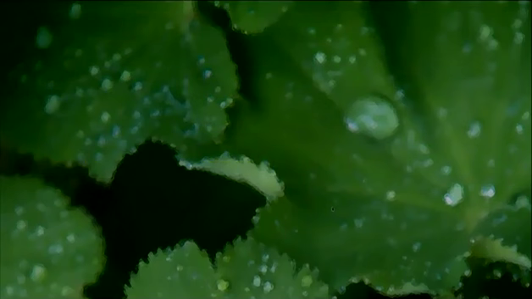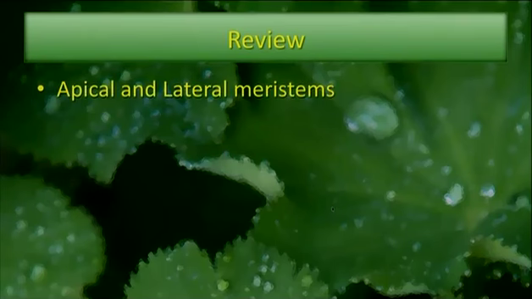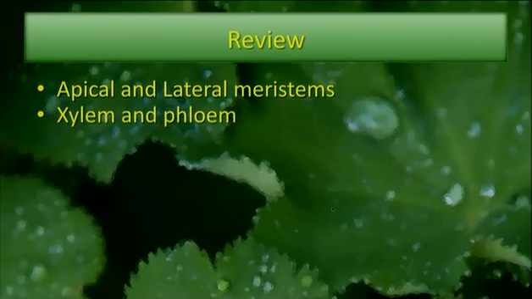So now let's do a review. We talked about our apical meristems, tips of roots and tips of shoots, and lateral meristems, which are in cylinders and expand in a sideways direction. We talked about xylem, the water-conducting tissue in the plant, and phloem, the food-conducting tissue in the plant.